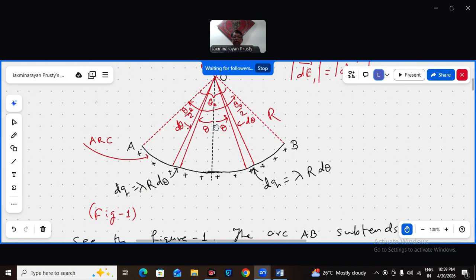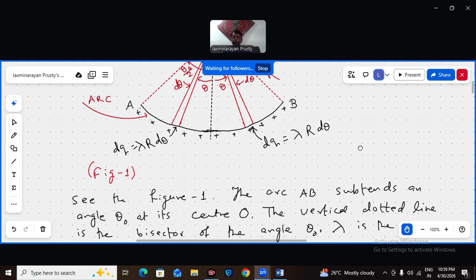This is theta and this is r d theta length. This small angle is d theta. Similarly, on the left-hand side, this is theta, the small angle is d theta, and this length is r d theta. Both the lengths are r d theta and symmetrically situated about the line of symmetry, the angle bisector.